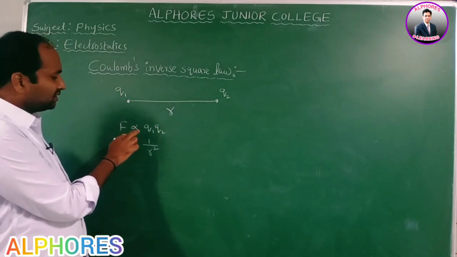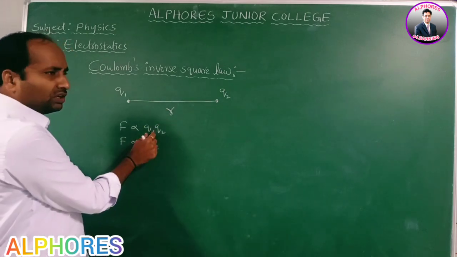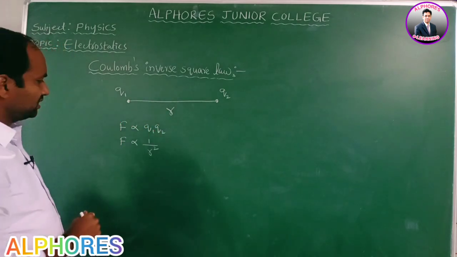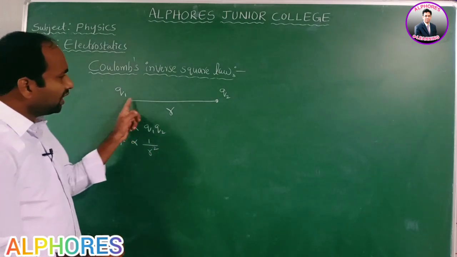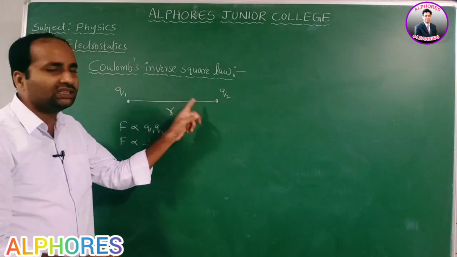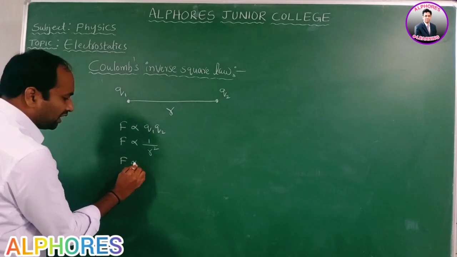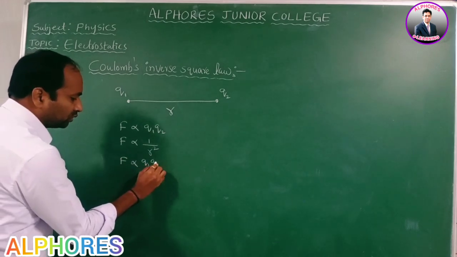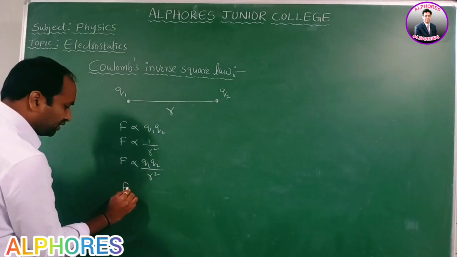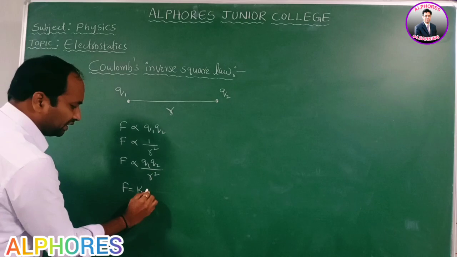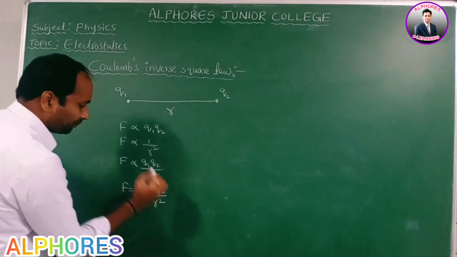By combining these two relations, we may write F proportional to Q1 Q2 by r square, and F is equal to the proportionality constant K into Q1 Q2 by r square.